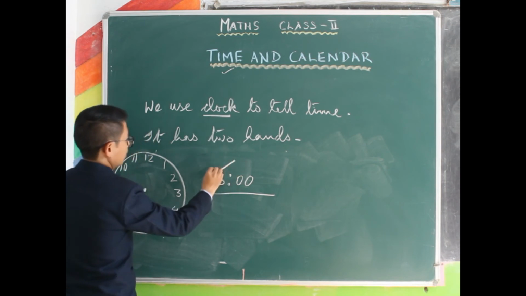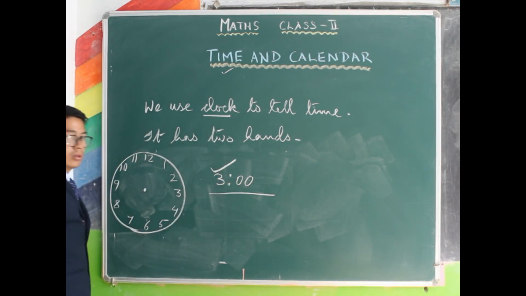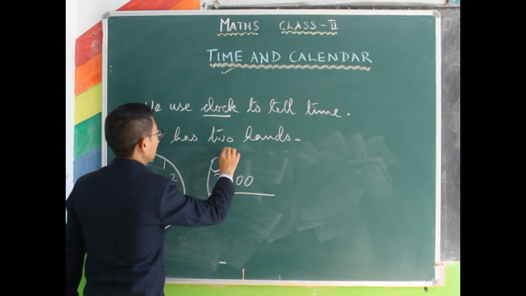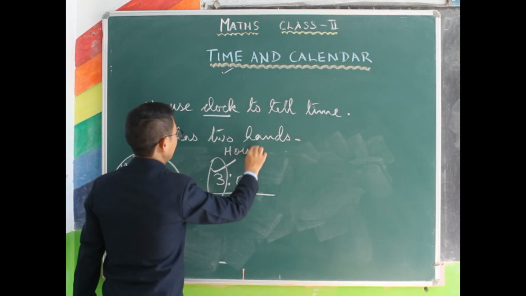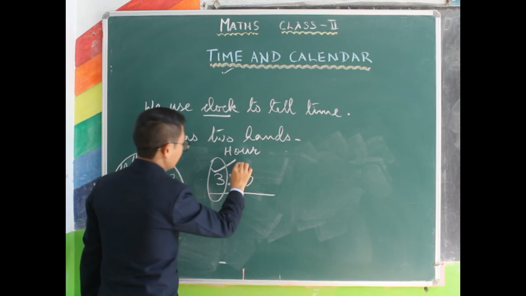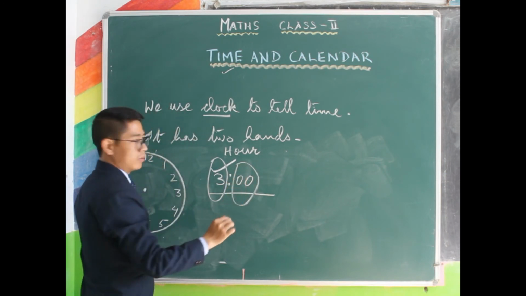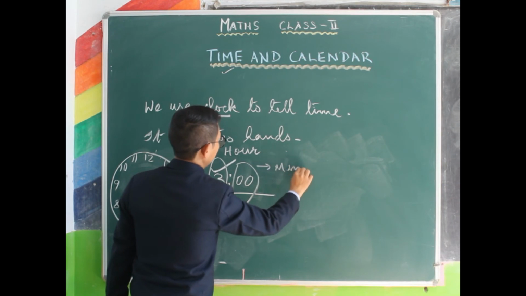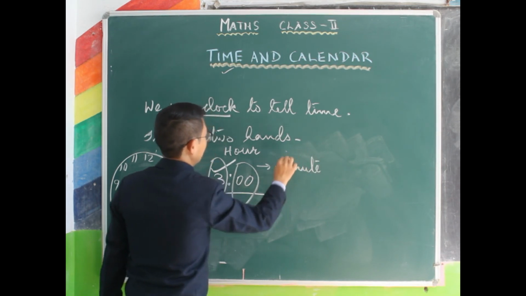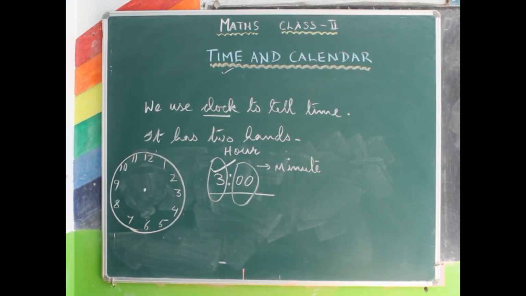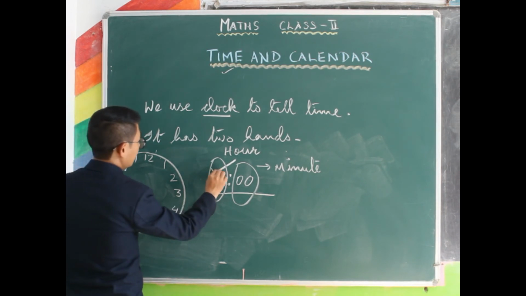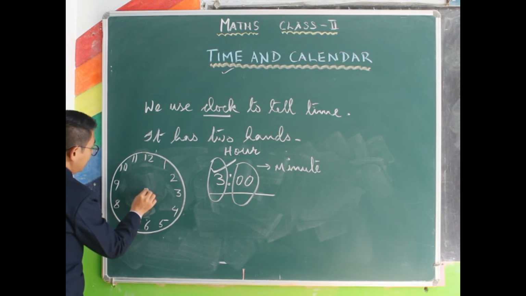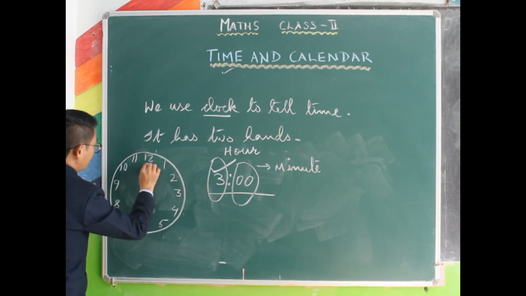Look at this number 3. This is always for the hour hand, okay, hour, and this 2 which is on the right side is for minute. Remember this, okay, hour and minute. Now just see the hour hand, 3 is given, so that means it is 3 o'clock.